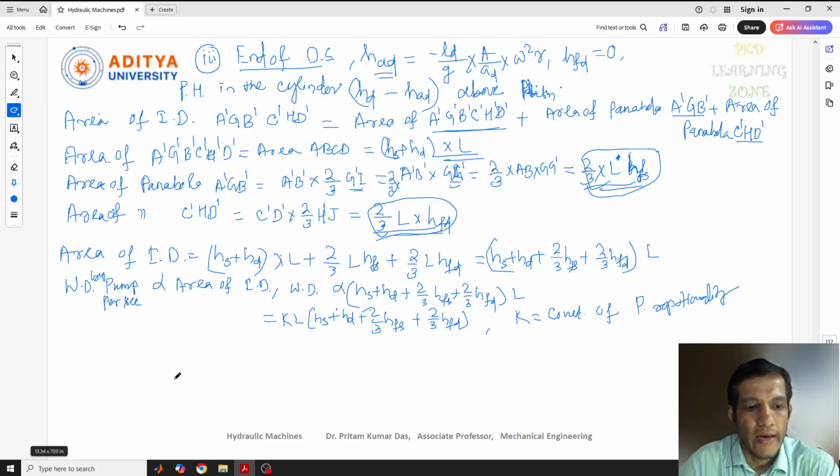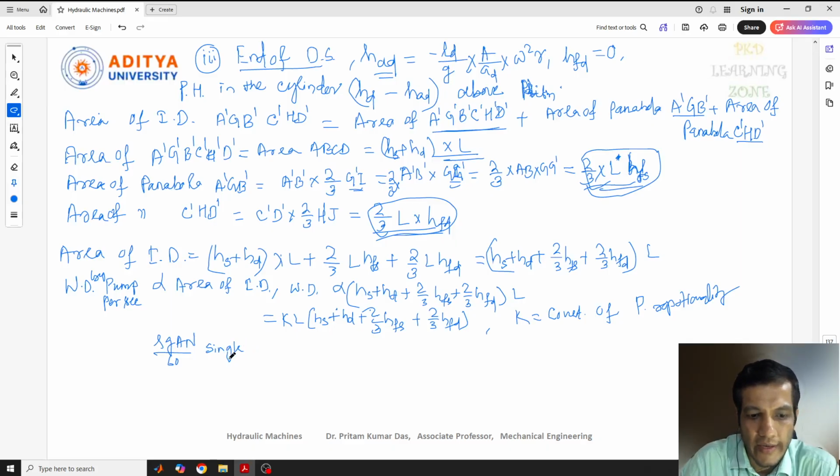Now we know that we can write the work done equal to rho GAN by 60. Okay, this is for the single acting reciprocating pump. Actually here this is not the work done, it is the K value we have taken.